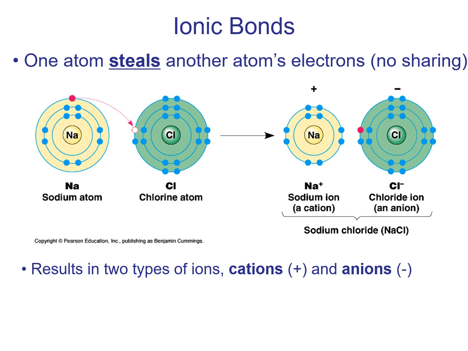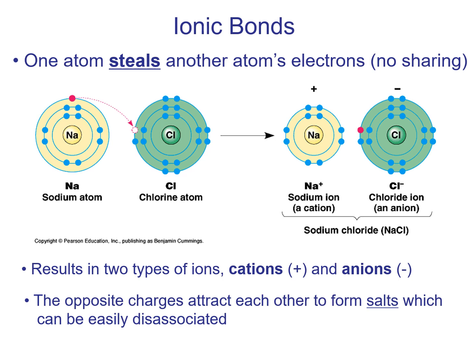So we have these two ions that result. We have a cation and an anion. Now remember that unlike charges, positive and negative, will attract each other. So just like within the atom, a cation and an anion will tend to stick together. They're attracted to each other. The opposite charges attract, and then we form something called a salt. And sodium chloride is table salt.